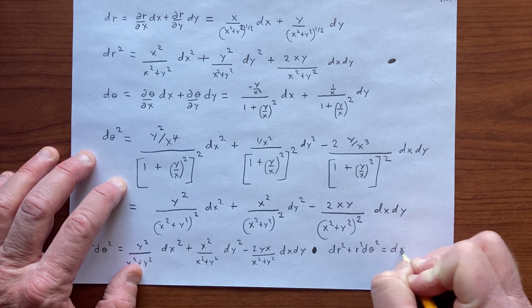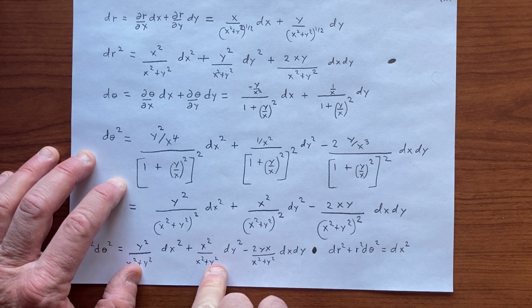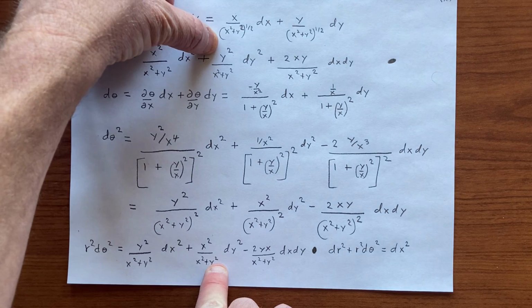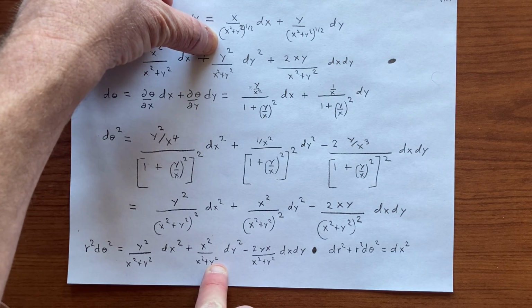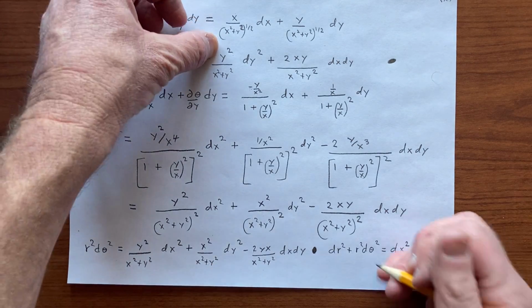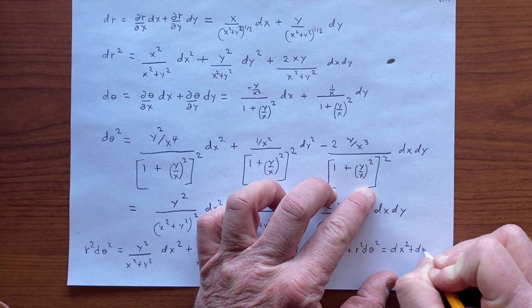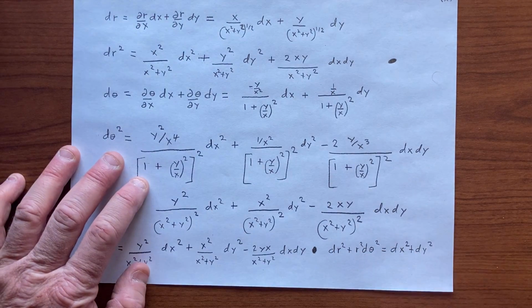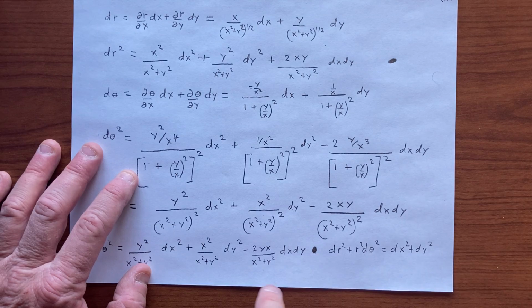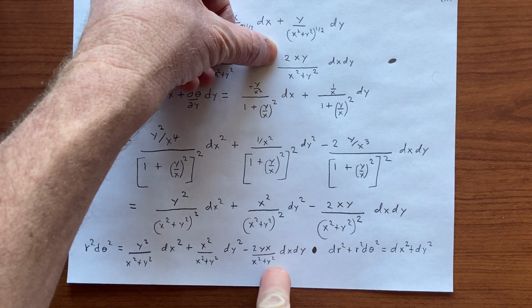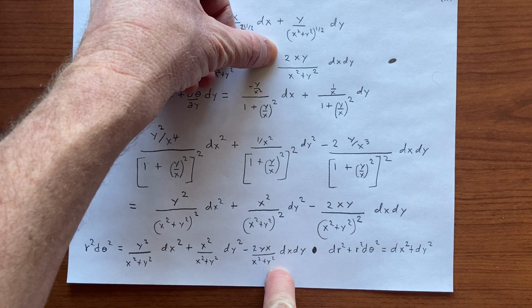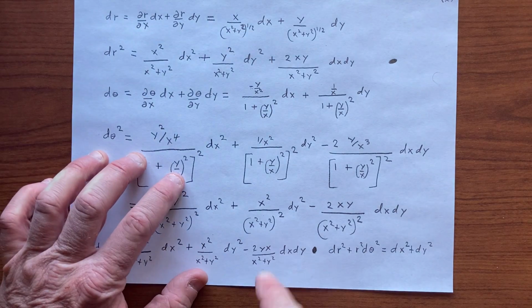So that's just dx squared. Then we have this, and that's again x squared plus y squared over x squared plus y squared. That's 1, so we just have dy squared. And then, as we expect, we're adding this to this, and they're just equal and opposite. And so there's no cross term.